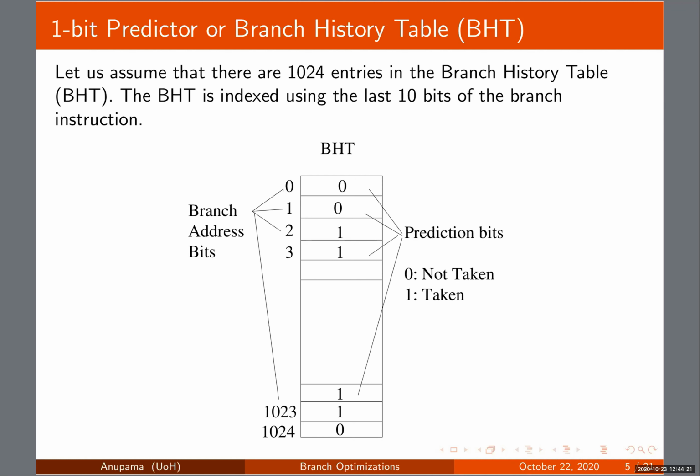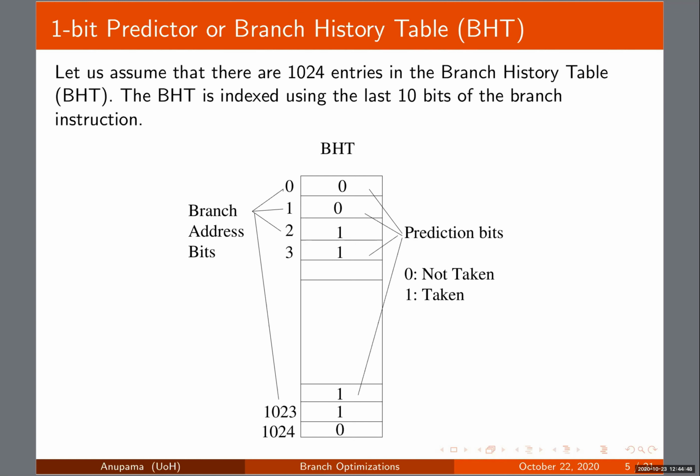If it is a branch instruction and it is not taken, you have to execute the next sequential instruction. Only in the cases where the branch is taken do you need to fetch the target instruction. So normally, not taken is the initialization that we start with. So the BHT will be initialized with all zeros in all the entries.